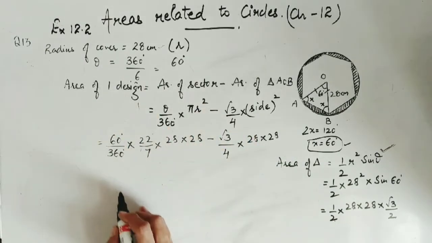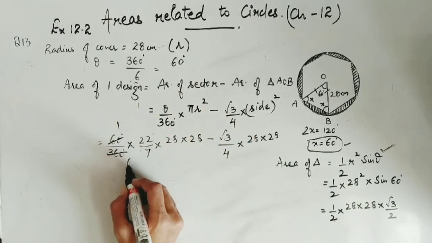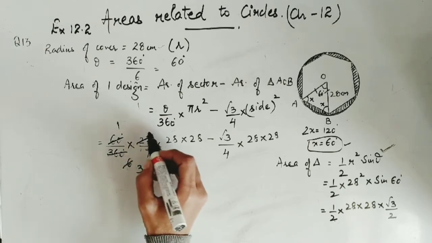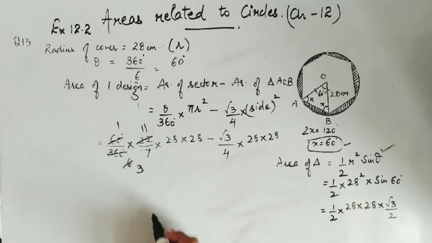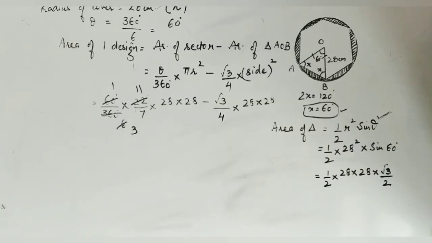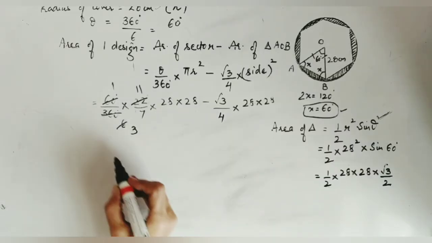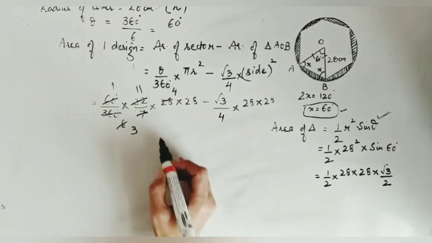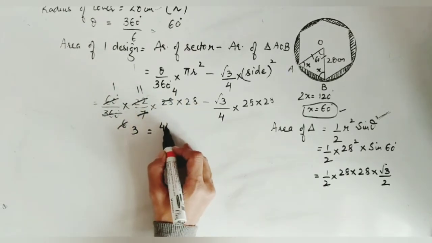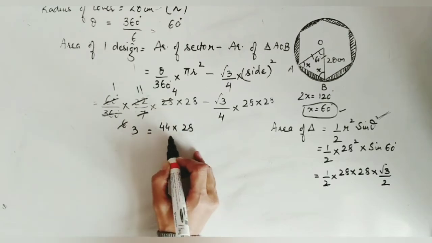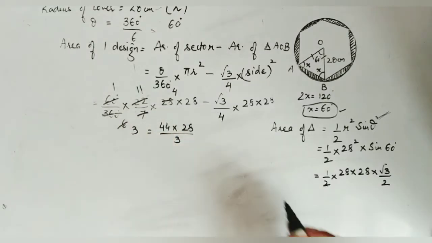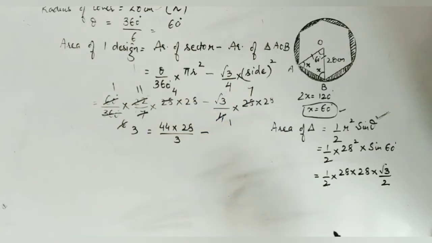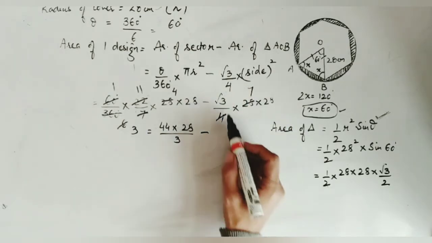Let us solve this. Cancel this. This is 1 by 6. This would be 3. This would be 11. Now solving this, cancel this even. So this becomes 44 into 28 by 3, and cancel this, 28 into 7 into root 3.